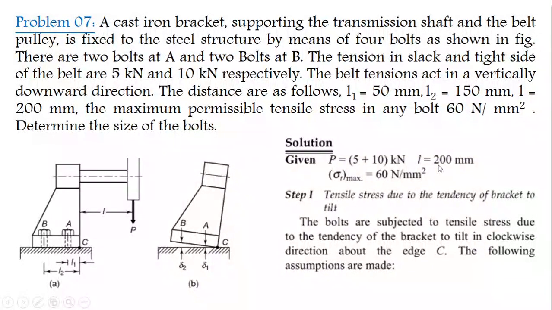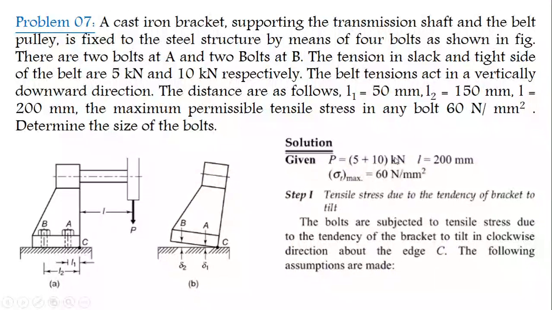L is the distance from the load to the tilting point. This point C is the tilting point. Because this load is acting downwards here, the structure will tilt about this point C. The maximum permissible tensile stress is 60 Newton per millimeter square.